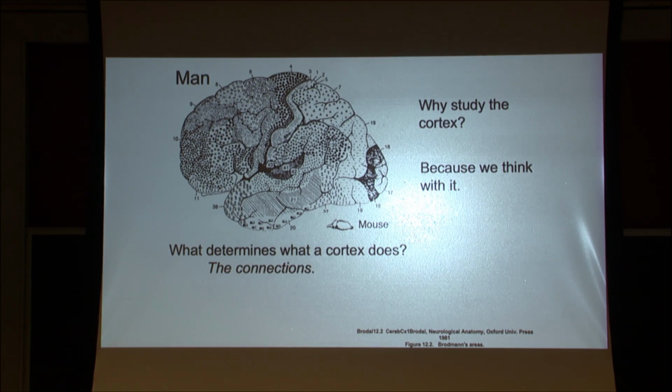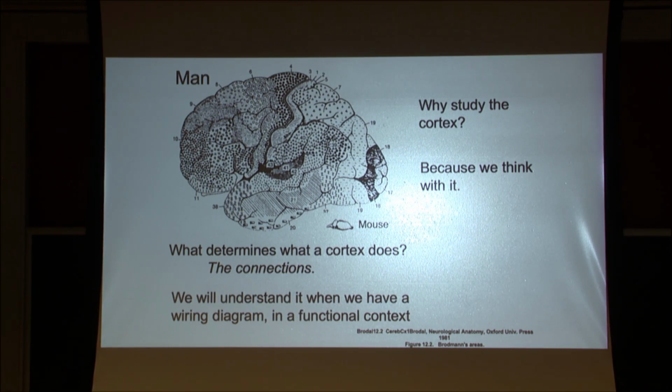There's anatomy and physiology, but it's really the connections that make the brain compute. And another opinion, but it's an opinion that I've spent my entire career on, and many of us have, that we'll understand the cortex or any brain structure when we have a wiring diagram in a functional context. You need one, but you need both.